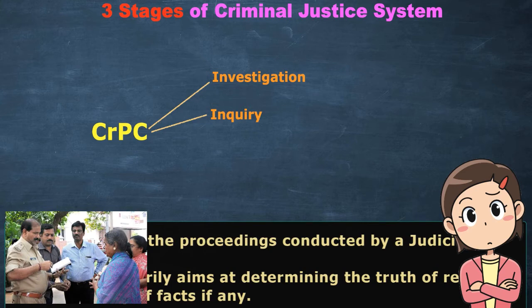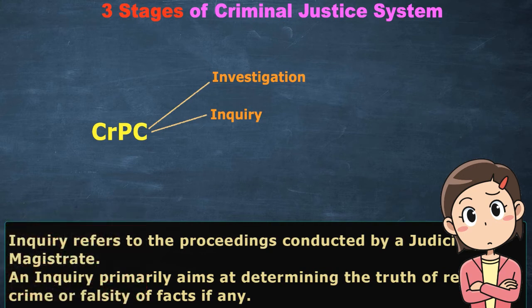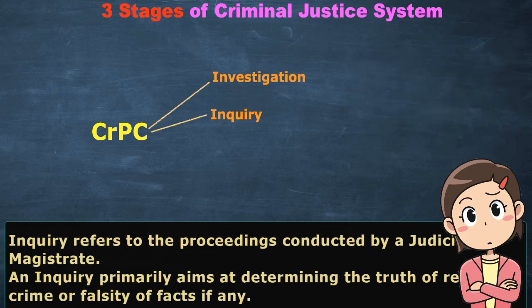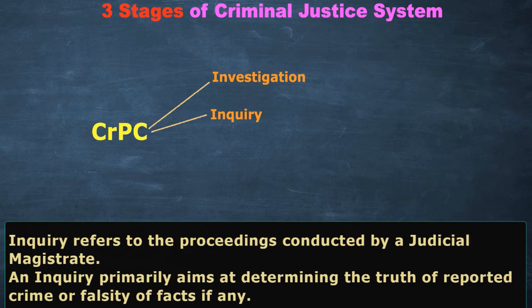The next one may or may not be required: scientific analysis or taking expert opinion on the documents and things the police collected. Verification of all those documents, statements and evidence is required in order to prove the crime, isn't it? Once all these steps are followed, the police prepare a charge sheet.